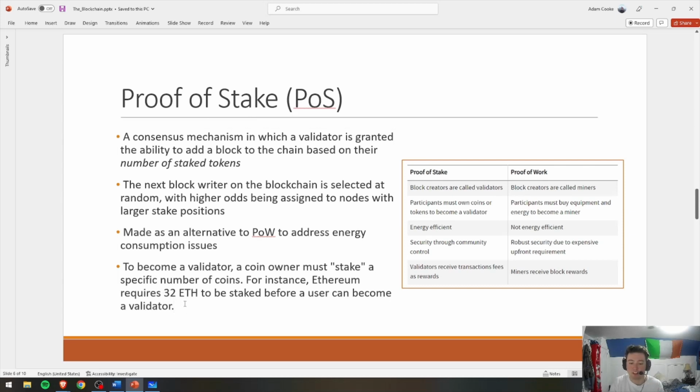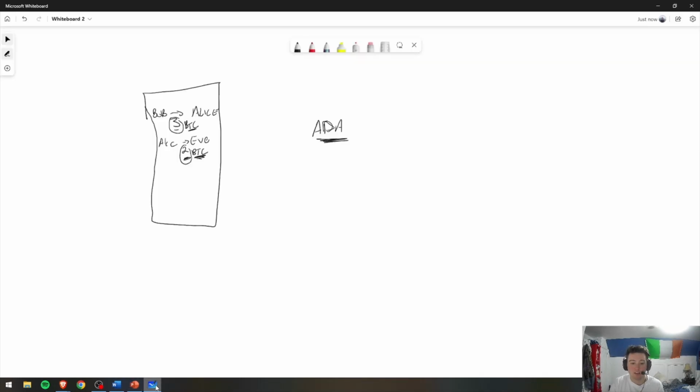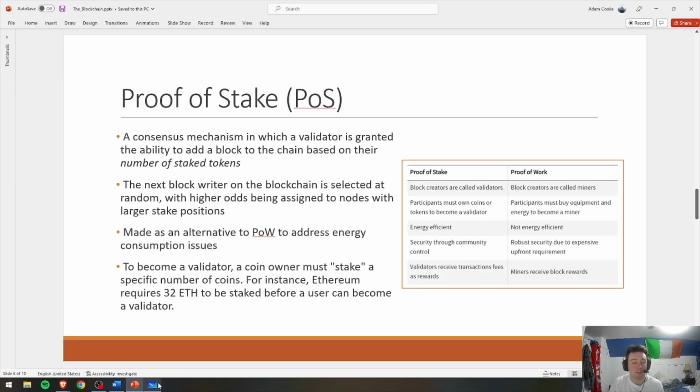Maybe I'd take it out if I could do it again, but the idea is that you put value into the network by owning some of the coins, so that it's less likely you would want to act maliciously because you have value in the success of the network and the blockchain. And the more tokens you have, the less likely you are to act maliciously because you have more at stake in a malicious action. That's the idea.